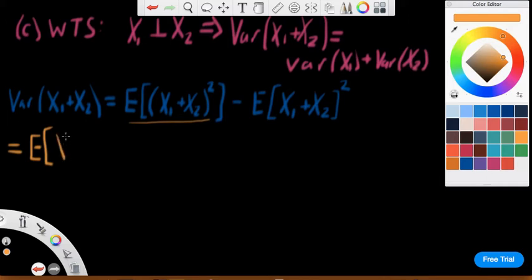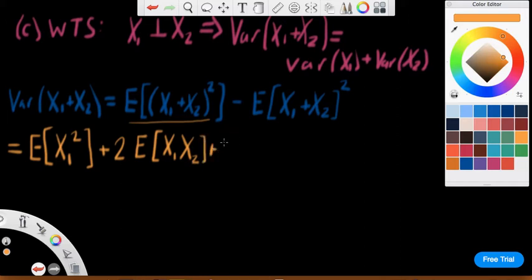So that is equal to the expected value of x1 squared plus 2 times the expected value of x1 times x2 plus the expected value of x2 squared.